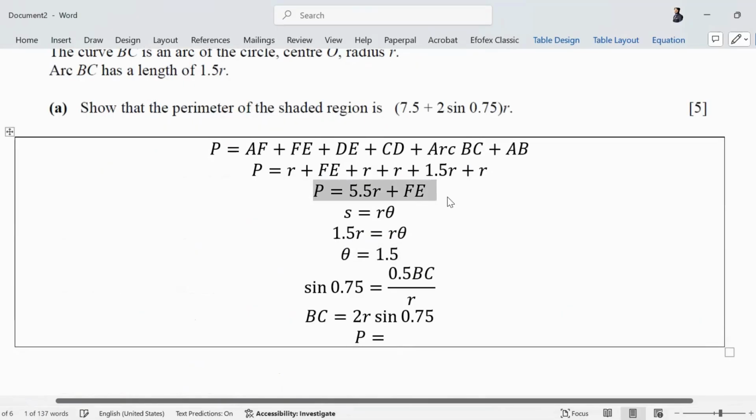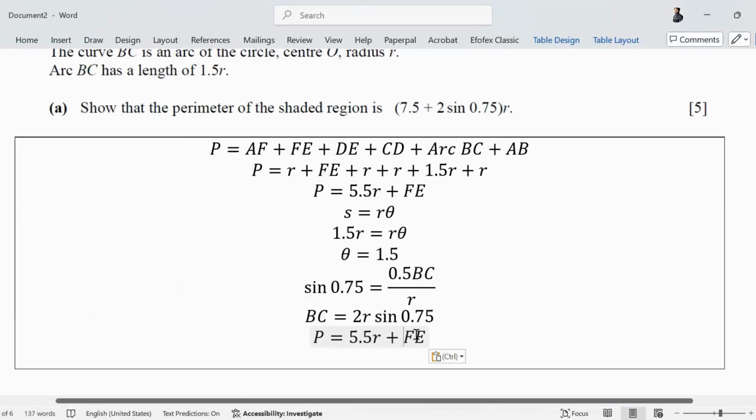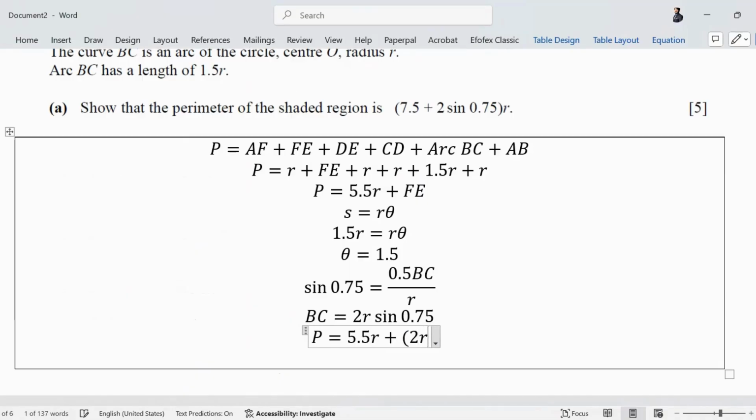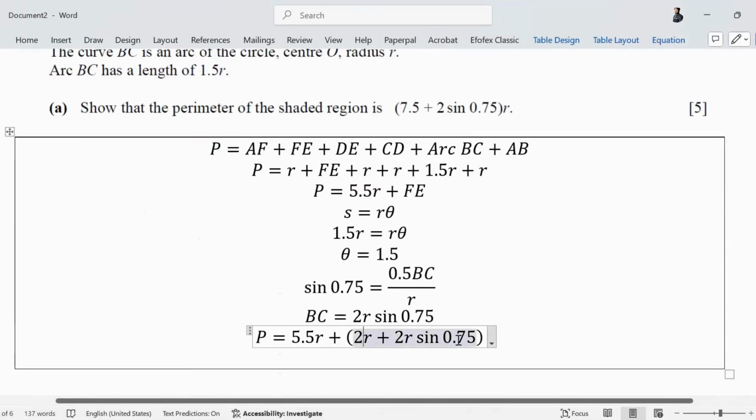In place of FE, what will I write? 2R plus 2R sine 0.75. Look, if I split FE into this R and BC, R is 2R plus this.